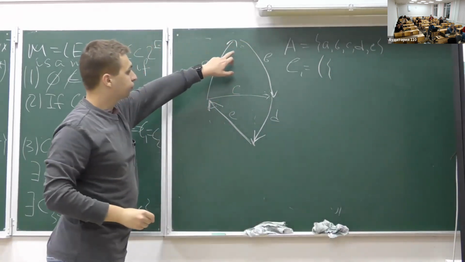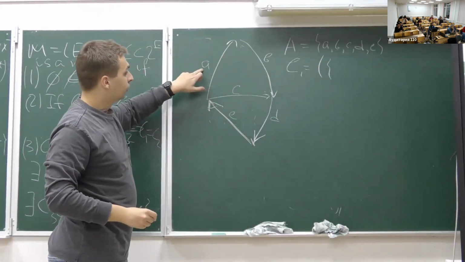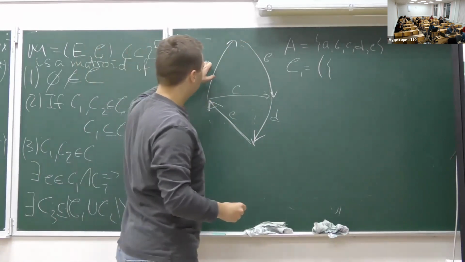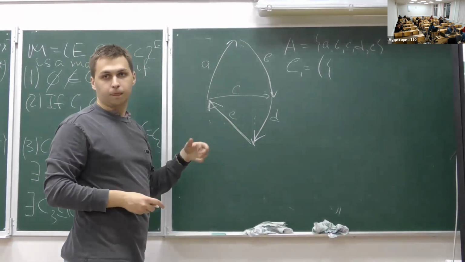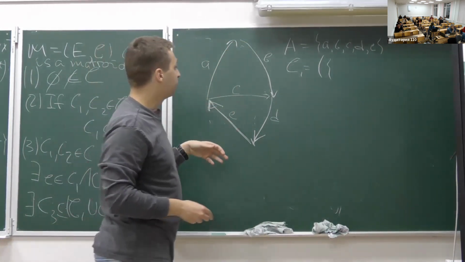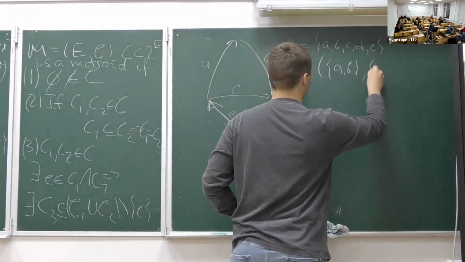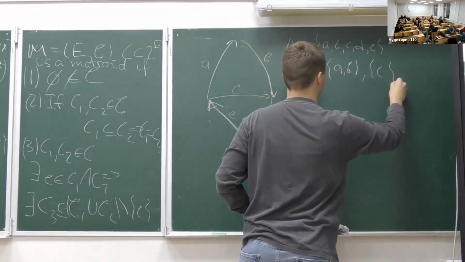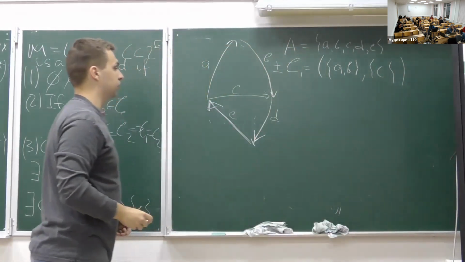So the first cycle is BCA. So we have A, B oriented in the same way, and C is in the opposite, so it goes like this. And we have minus the circuit.